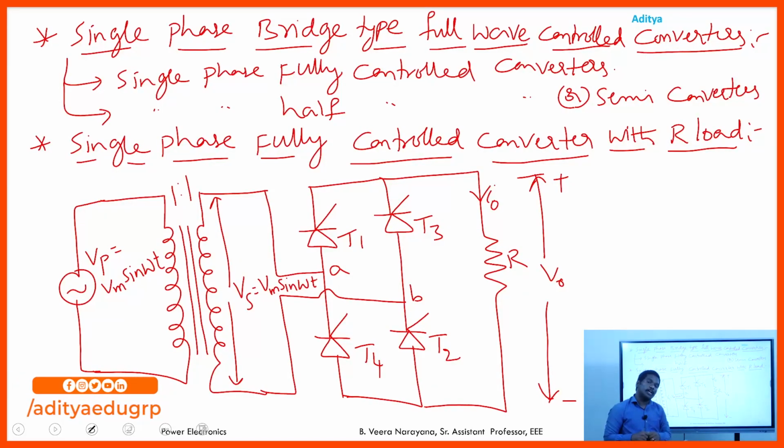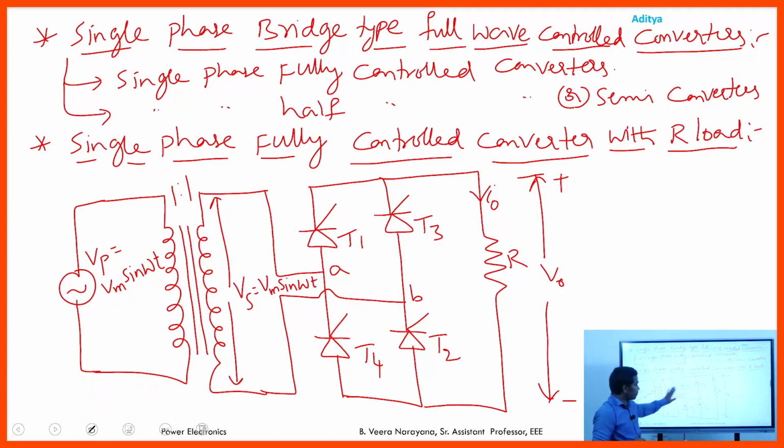This bridge type fully controlled converter consists of 4 ideal SCRs and one isolation transformer. The function of the isolation transformer is to isolate or separate the source and the load. One major drawback of power semiconductor devices is that they are harmonic generating devices.